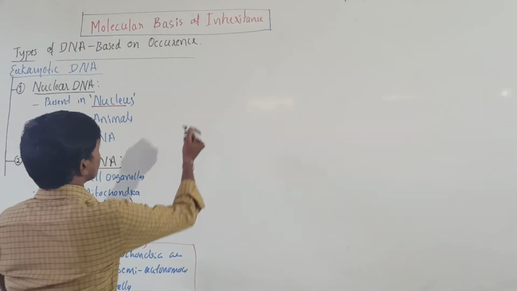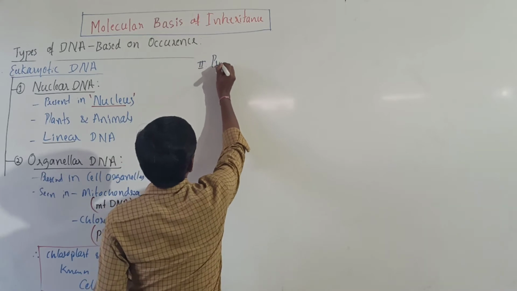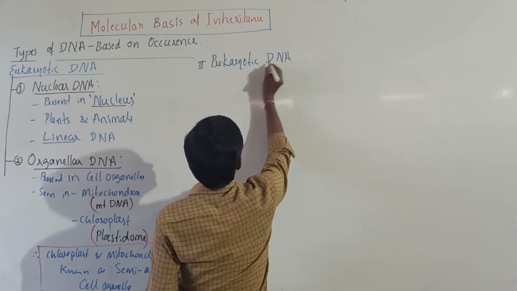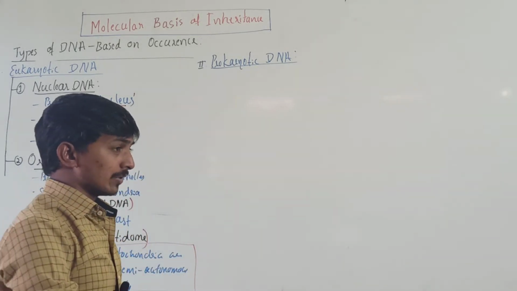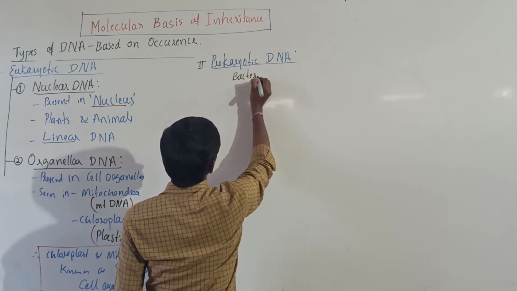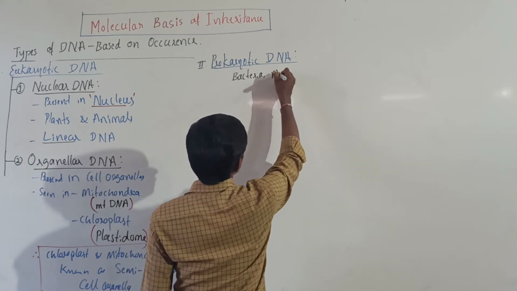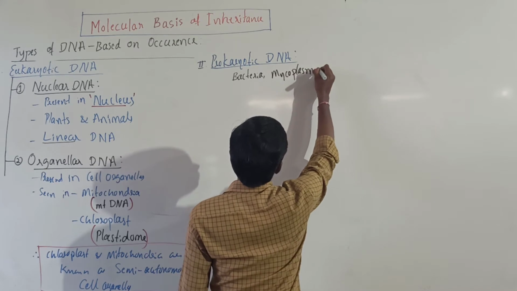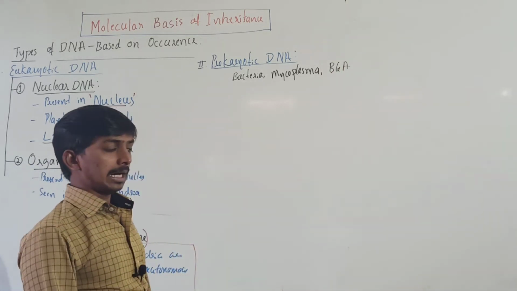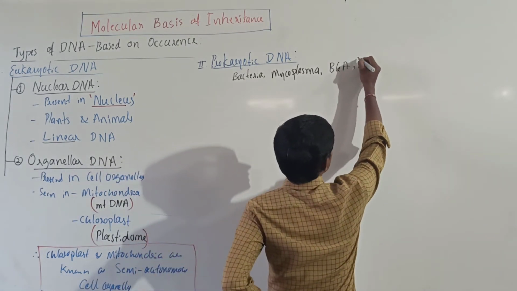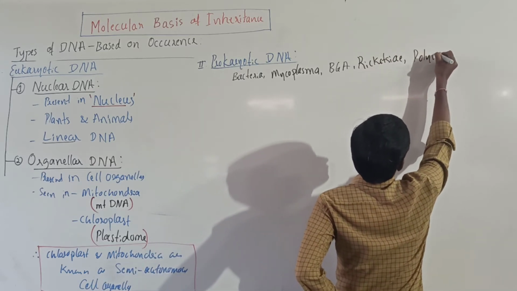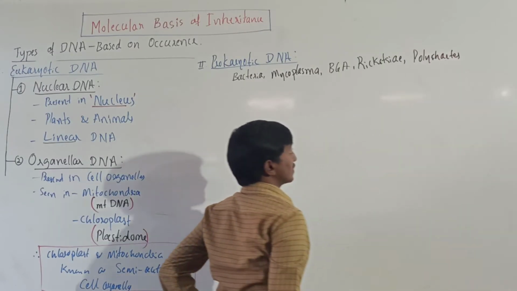So the second type, prokaryotic DNA. When we say prokaryotic, we have bacteria, mycoplasma, cyanobacteria called blue green algae, rickettsia, and so on.